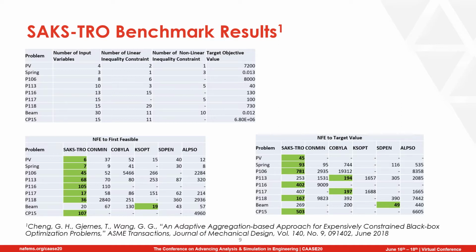finds target objective value for most of the optimization benchmark problems, except for P113 and P117. Cobila outperforms SAXTRO, and for the beam problem, SDPen outperforms SAXTRO.